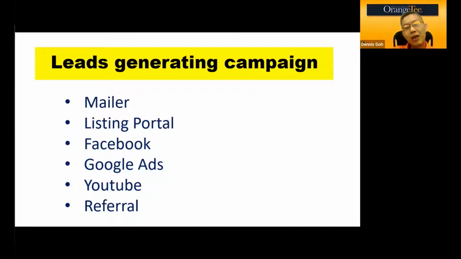What I want to touch on is how you are going to generate leads from most of these. For mailers, we can put in a QR code or our phone number, right? The QR code leads to maybe our website or to one of our Google forms, all right?